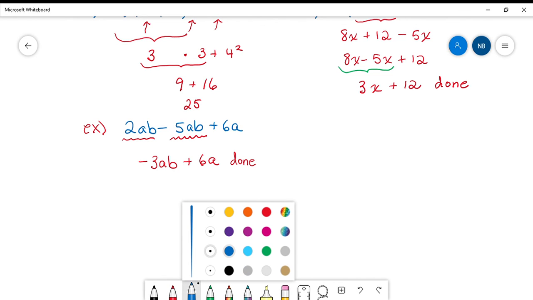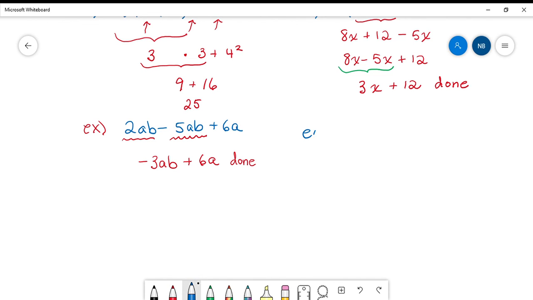Okay, and one last example. Negative 2, open parenthesis, x squared plus 5x minus y plus 7y, close parenthesis. Okay, well, parentheses first.